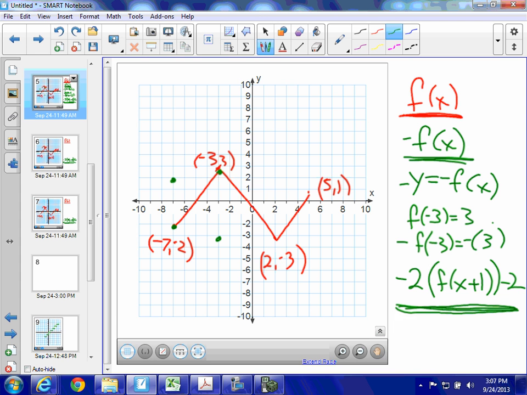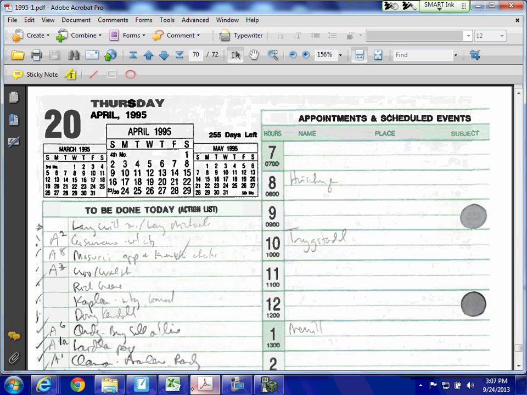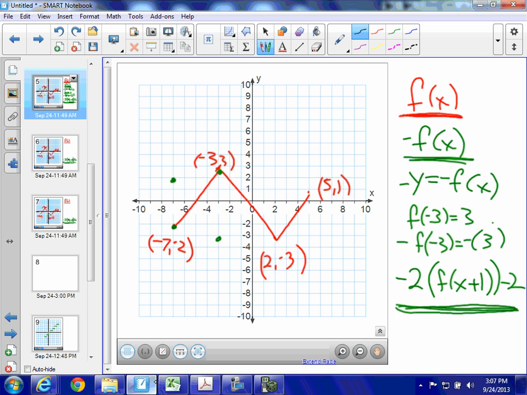What I'm doing, as you can see, is I'm reflecting my y values over the x-axis, where my y values were positive. I put my negative sign in front of it, right here, as well as right here in my final one.